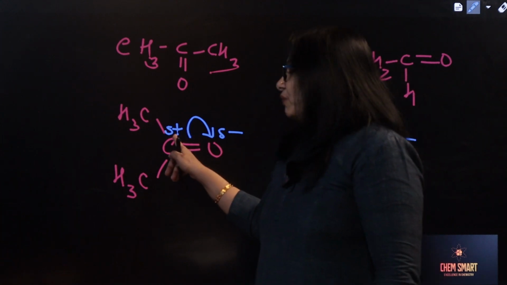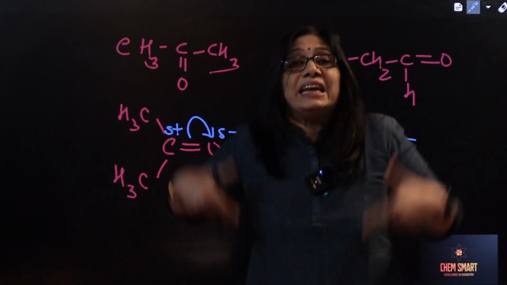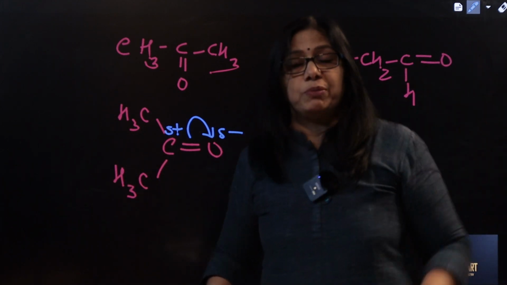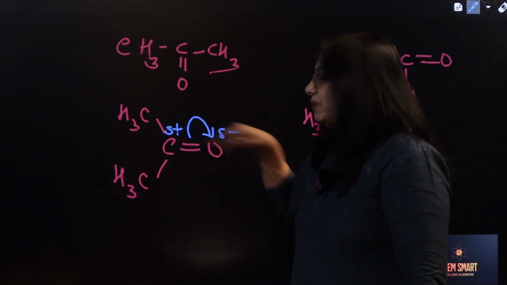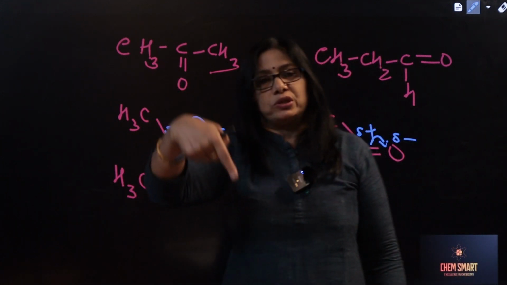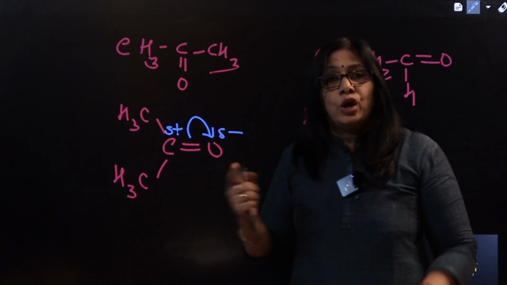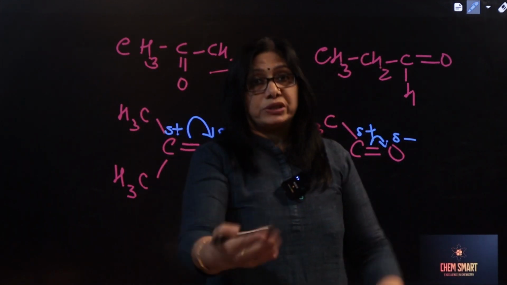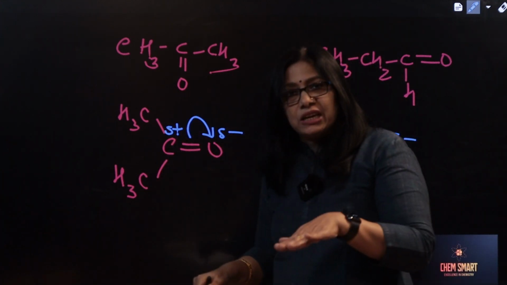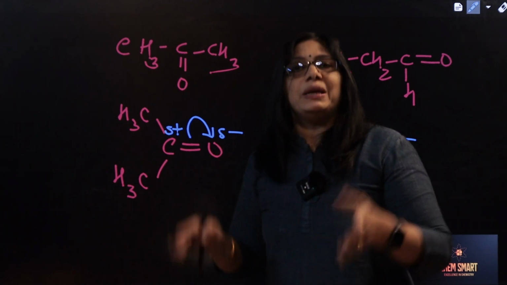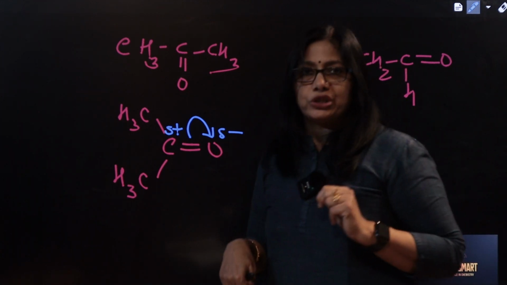If this carbon is highly positive, it will be highly reactive towards nucleophilic addition, because the nucleophile is negatively charged and will attack the positive electrophilic carbon. So the more positive charge on the carbon, the more its reactivity towards the incoming nucleophile. If there is any reduction in the positive charge on the carbon, it will be less reactive towards the incoming Nu-. That is what we are going to check.